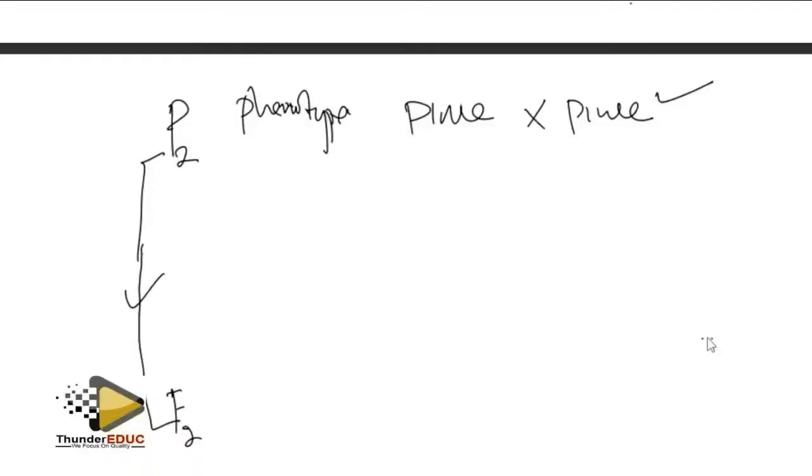Now they are saying that white is capital W and red is capital R. Therefore pink is going to be capital R, capital W, or capital W, capital R. It's the same thing.